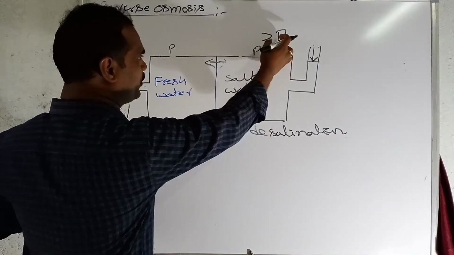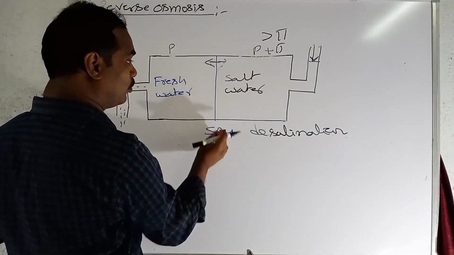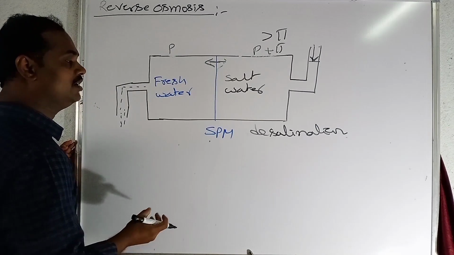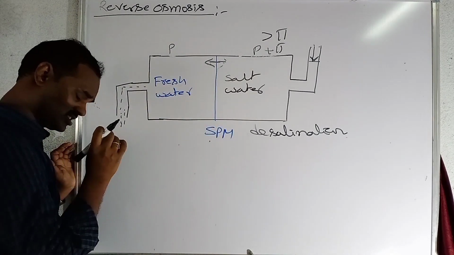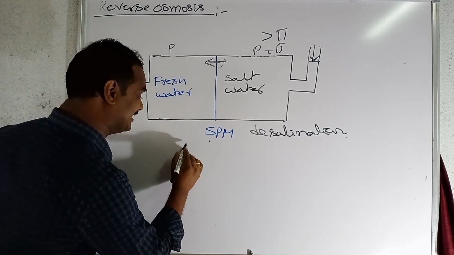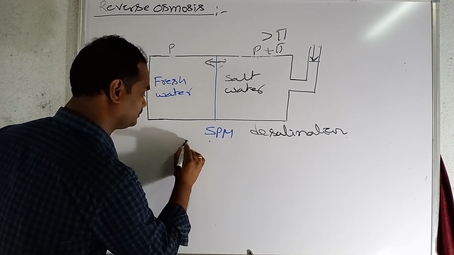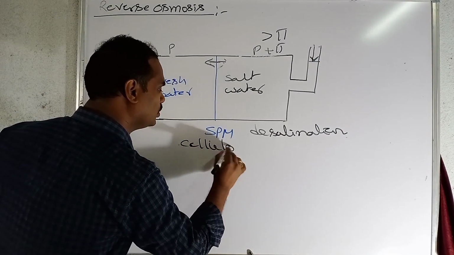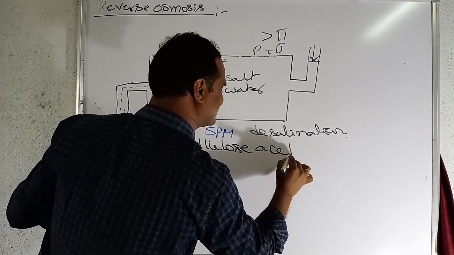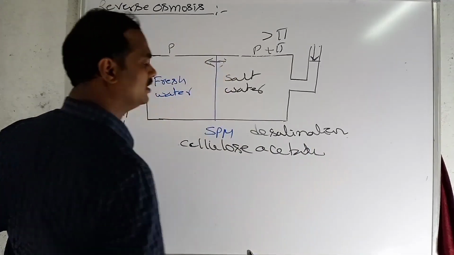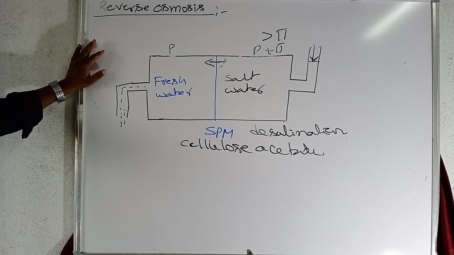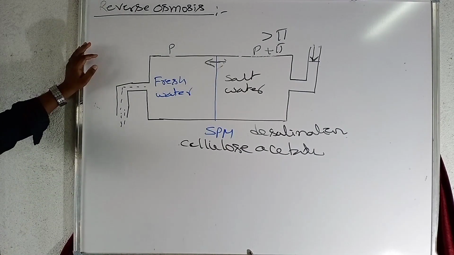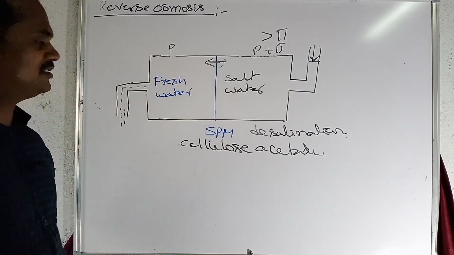So here, we should apply more pressure than the osmotic pressure. To maintain that pressure, we use a semi-permeable membrane. It is manufactured with cellulose acetate. A cellulose acetate semi-permeable membrane can be used between salt water and fresh water.